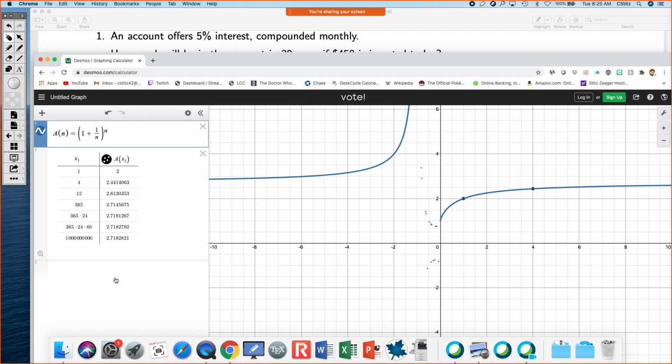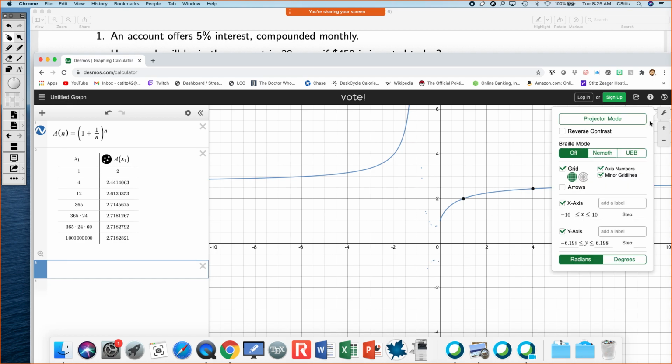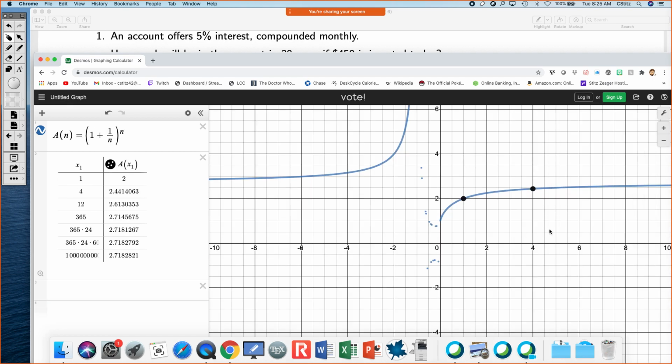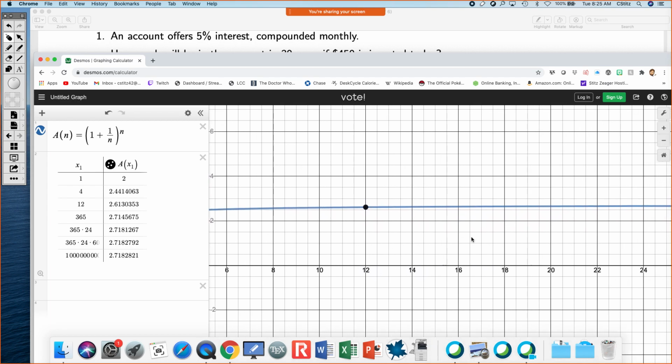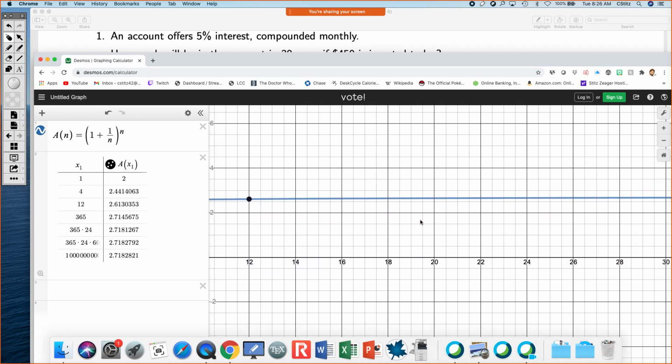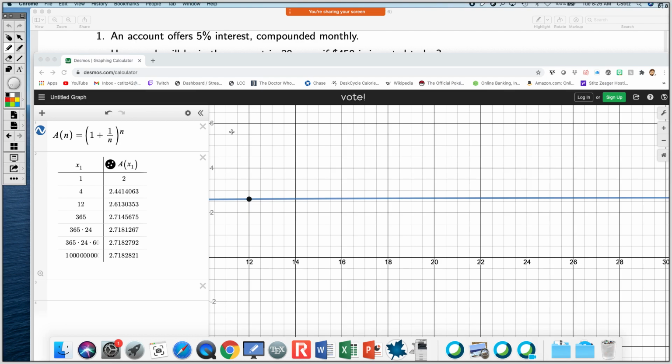And we want to look at what happens as N goes off to infinity. So we're looking at the N behavior here. I guess that's a pun. End behavior. So as we head off to infinity, notice that this thing levels out, right? That's called a horizontal asymptote. So as n goes to infinity, A of n is approaching what number?